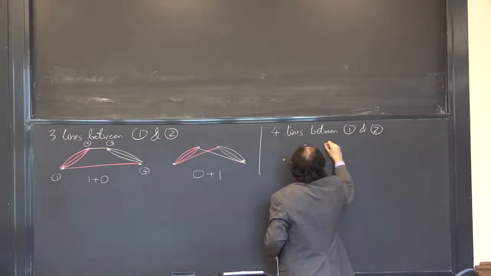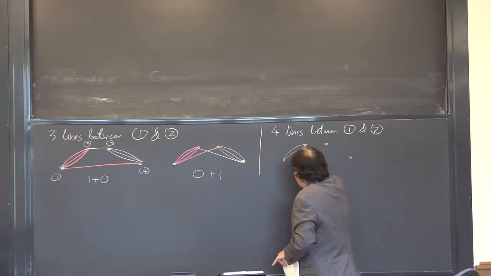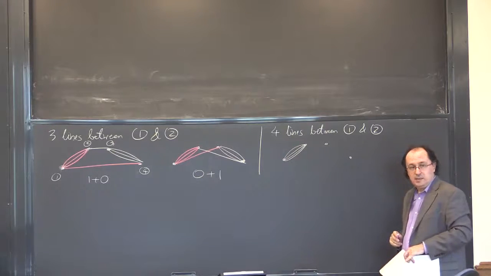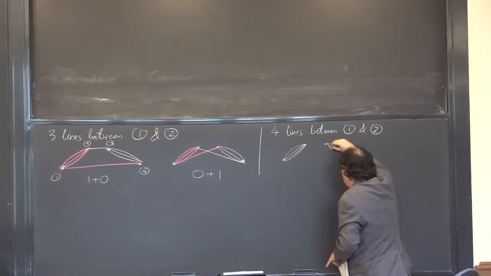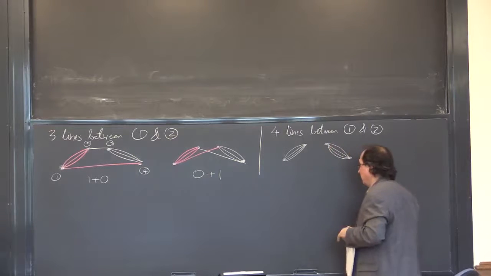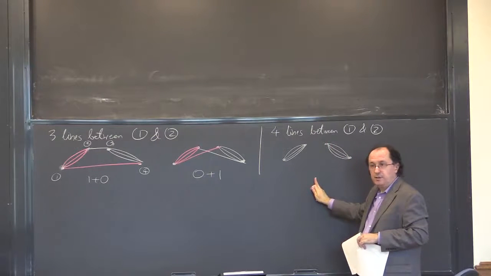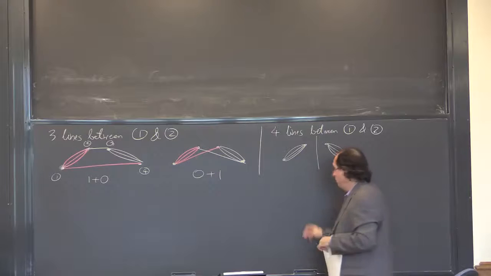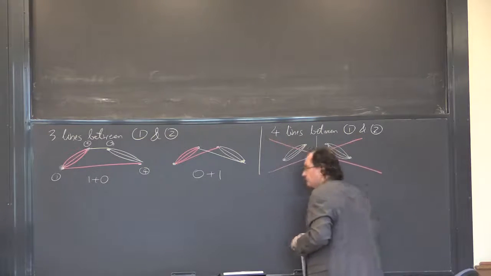So this is our trapezoidal shape, and if there are 4 lines connecting 1 and 2, then you would have to connect 3 and 4, okay, with 4 lines. But then you would end up with a dangerous denominator. Here, there will be no lines. That means that this case is forbidden.